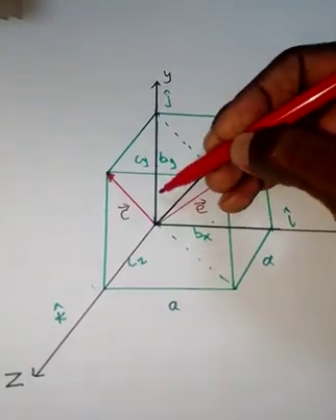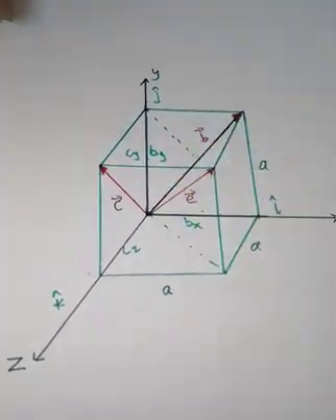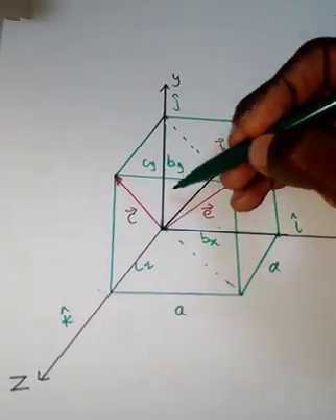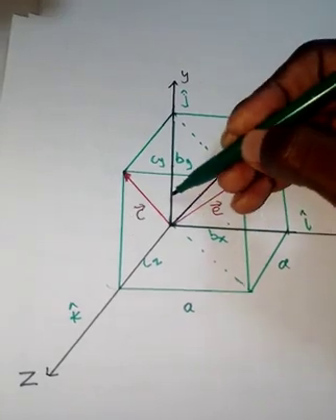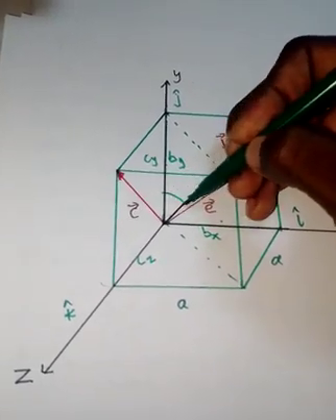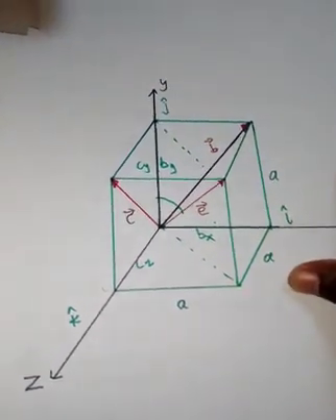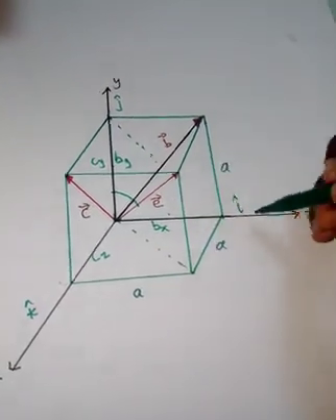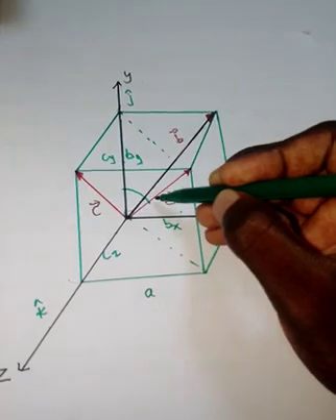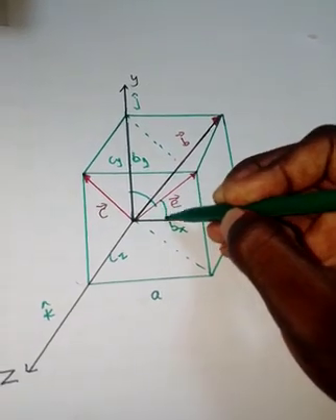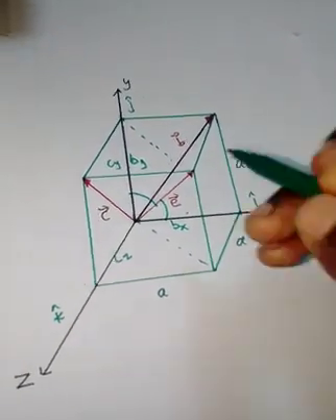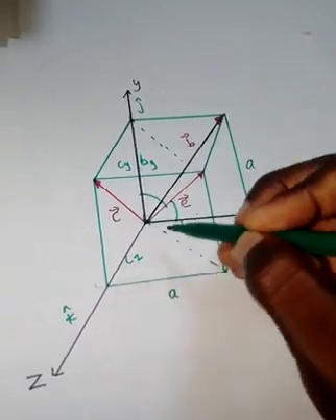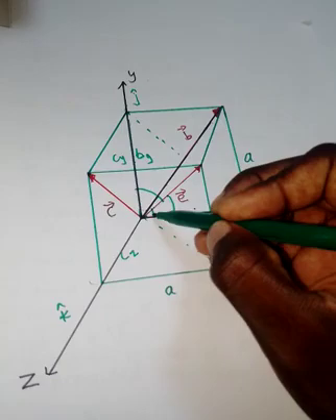In between this y and the vector E, there is this angle. Again, in between the x-axis and the vector E, there is this angle. At the same time, in between the z-axis and the vector, there is that angle.